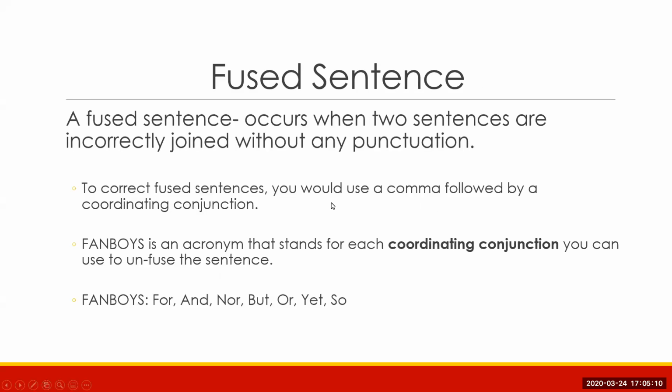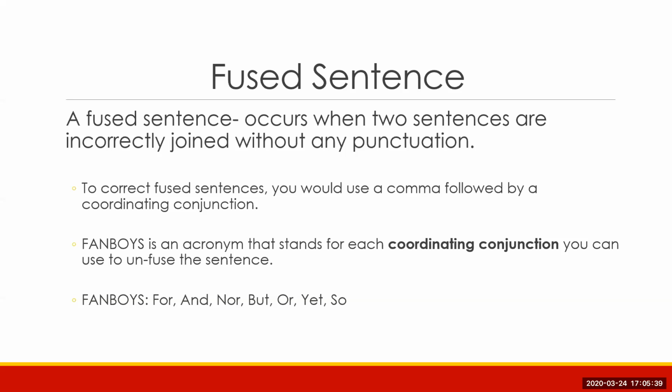A fused sentence occurs when two sentences are incorrectly joined without any punctuation. So you can think of it as two sentences without a coordinating conjunction or a comma. And that's why to correct a fused sentence, you would use a comma and a coordinating conjunction. For those of you who don't know what a coordinating conjunction is, there's an acronym called FANBOYS.